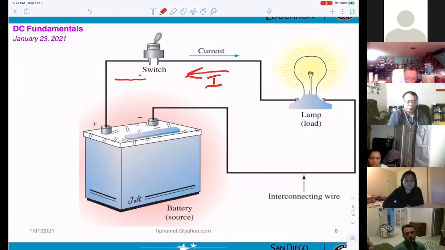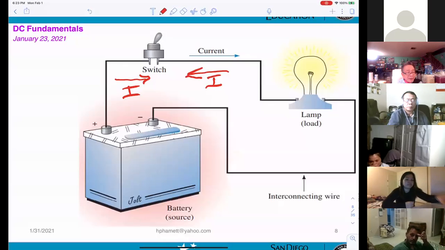So if you read the textbook and see they draw going from negative to positive, basically they're using electron moving. Without electron moving, you cannot get any current. However, again, we're using conventional current, flowing from positive to the negative.